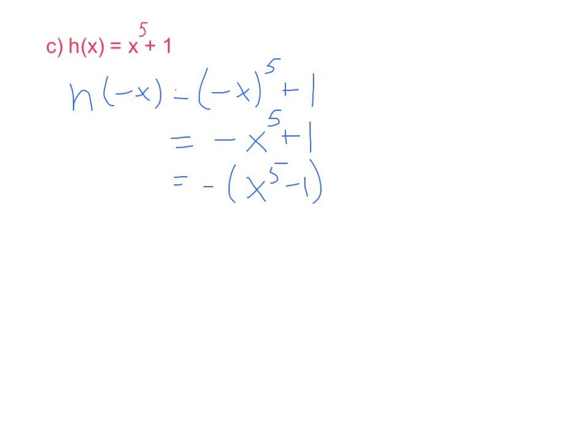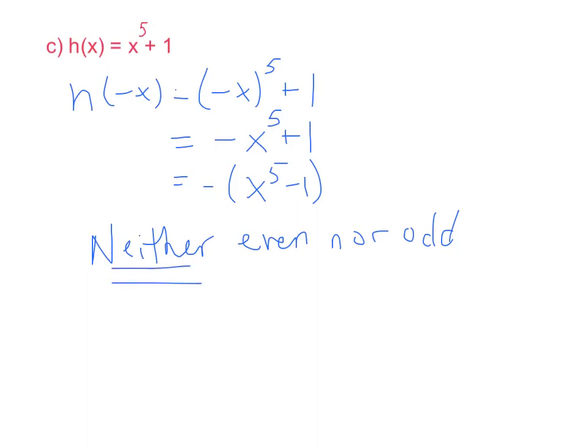Since I don't end up with h of x again, and I don't end up with the opposite of h of x, I would say that this function is neither even nor odd. It doesn't fit either of those patterns. So functions can be even, they could be odd, or they could be neither. They may not fall into either one of those symmetric patterns, and that's the case here with h.